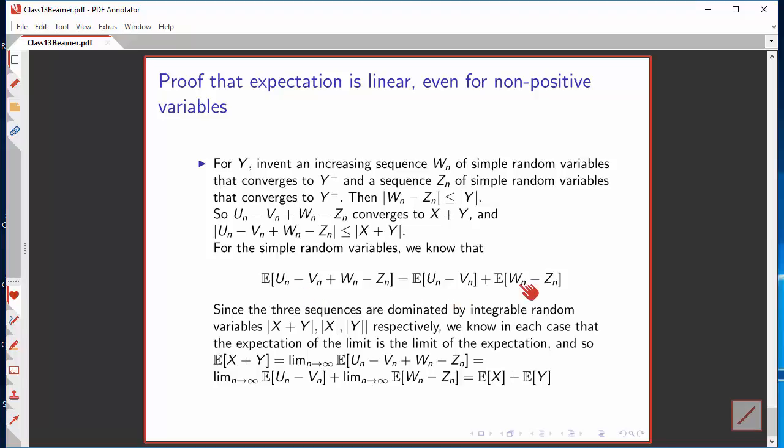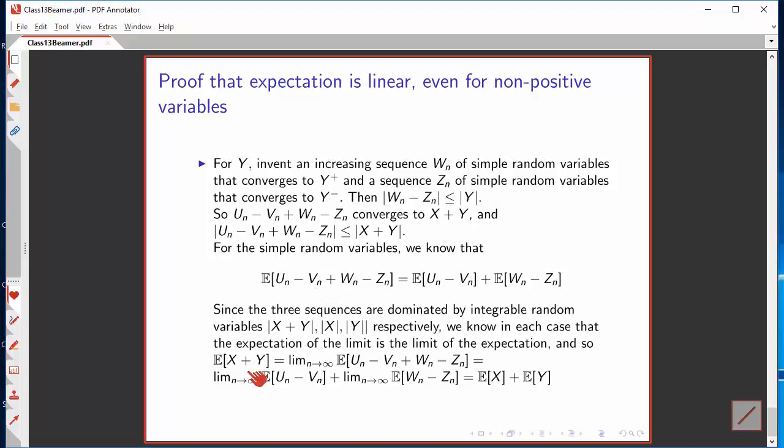Now these 3 sequences are dominated respectively by the absolute value of x plus y, the absolute value of x, and the absolute value of y. And therefore, by the dominated convergence theorem, we know in each case the expectation of the limit is the limit of the expectation. That's what the dominated convergence theorem says.